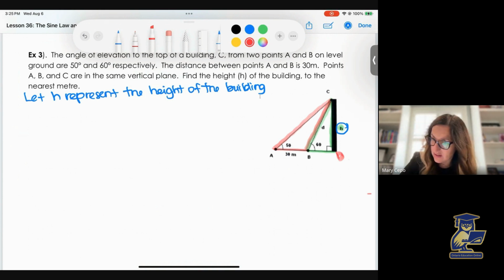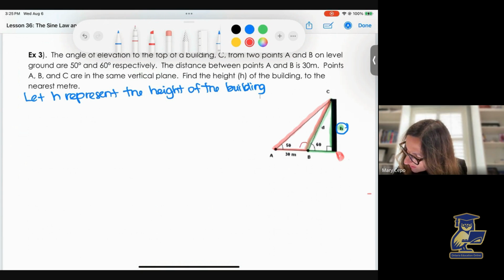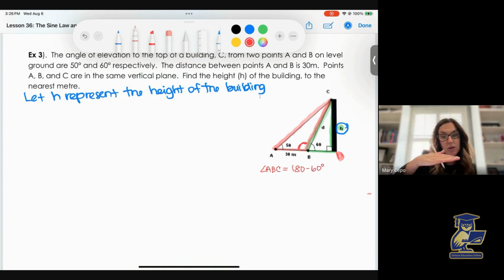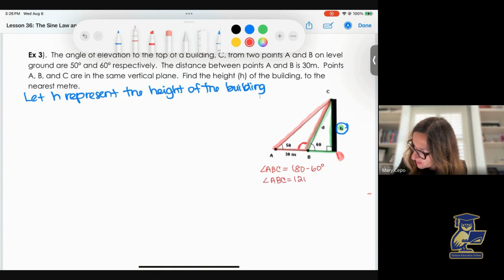So this angle here has to be 180 minus 60, because of the straight angle theorem. Those two together have to equal 180. So angle ABC is going to equal 120 degrees.